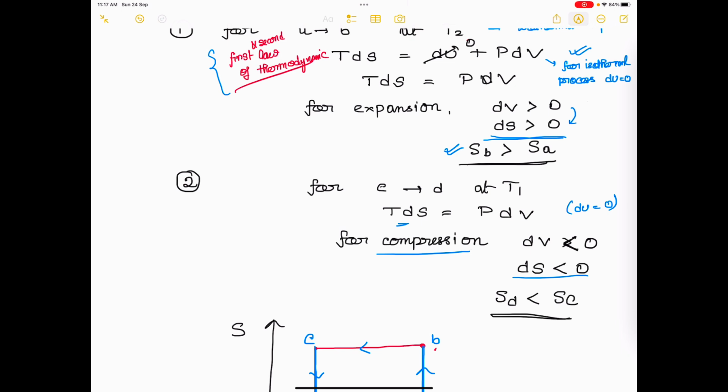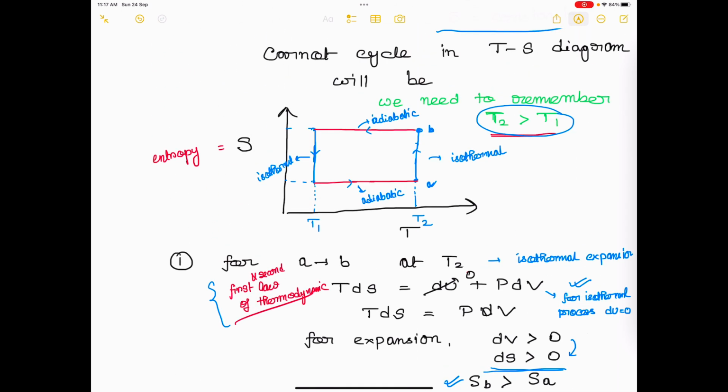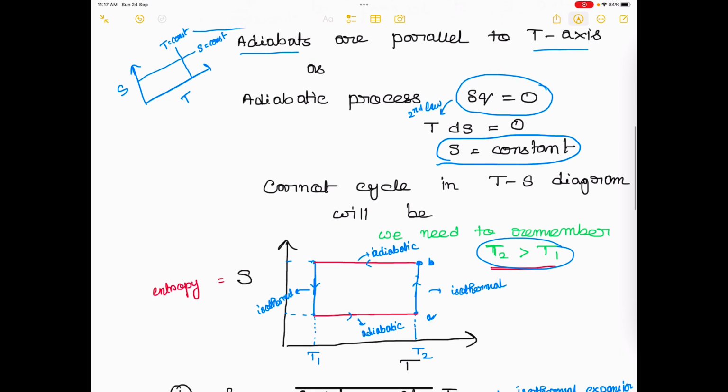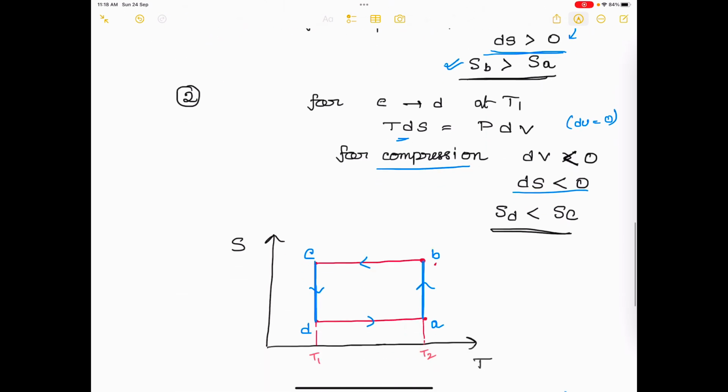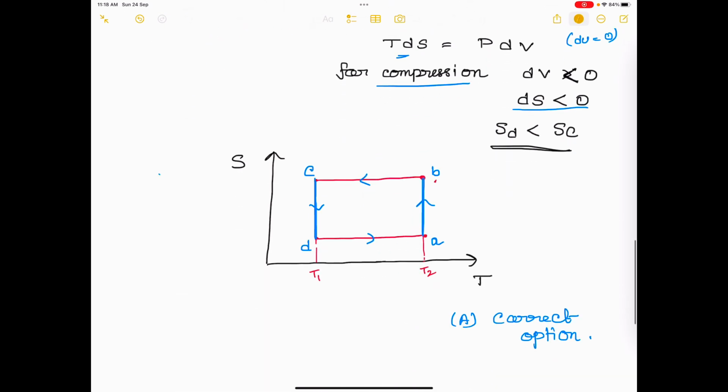Therefore, S of D is less than S of C at temperature T1. So this should be point D, and this should be point C. So C to D again goes like this. Therefore, the entire cycle should be like this, which is represented here in this particular diagram.